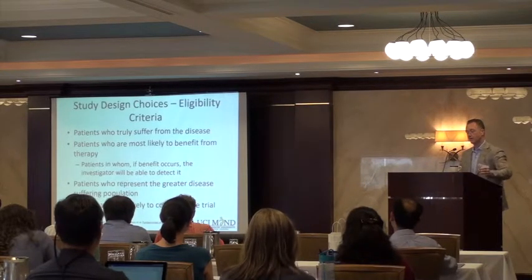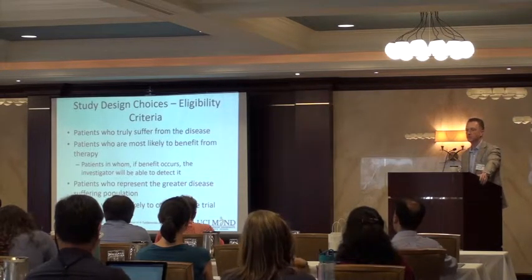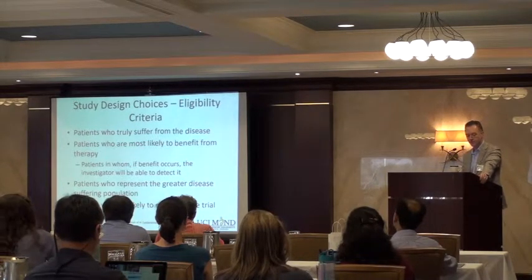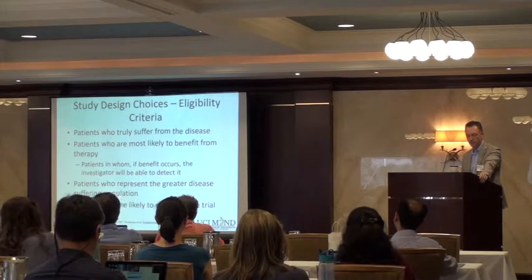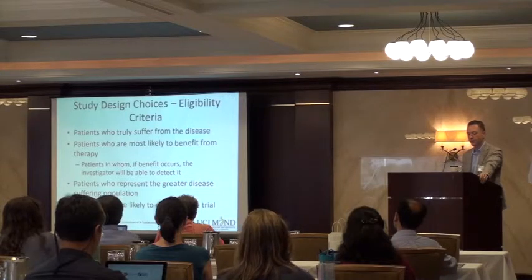So the feasibility of recruitment is tied very closely to the eligibility criteria that you will implement in your trial. This is from Paul Lieber, formerly of the FDA. It's a nice paper talking about eligibility criteria.